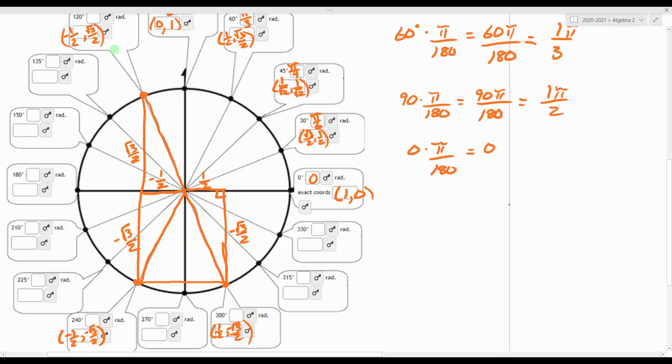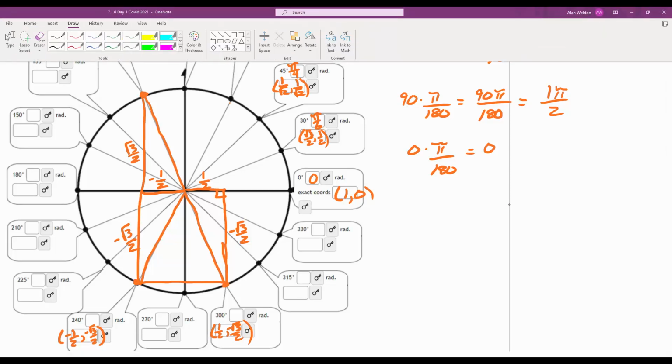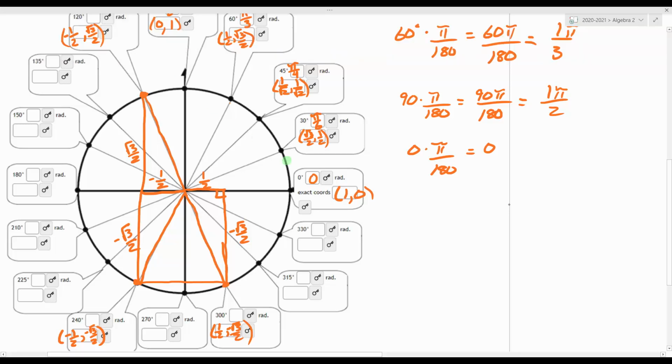Okay, so you see how we're kind of making the jump, right? So if I took this 45-degree angle, and I'll do this one in a different color here, this point and the 135-degree angle have the same height, right? And if I drew in those two triangles, you see the same triangle appear in both quadrants.